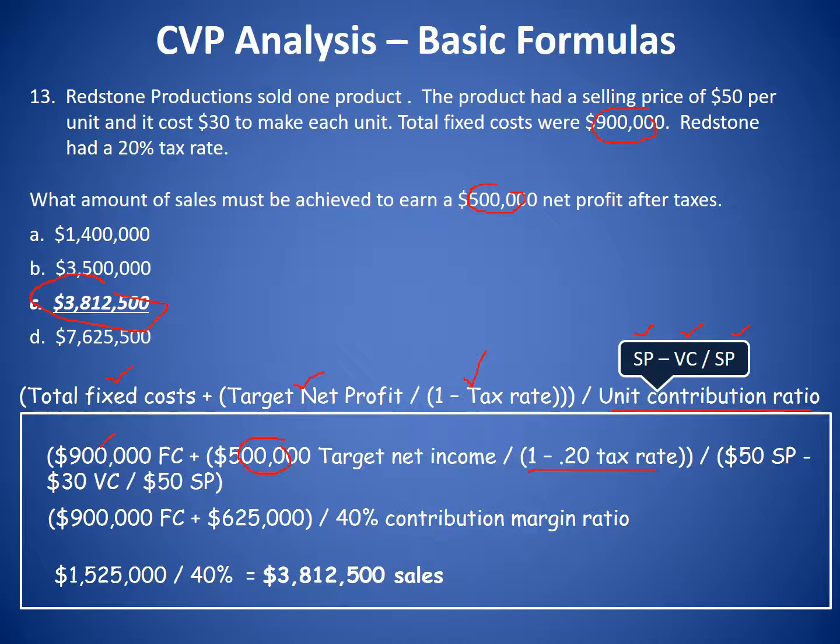So now we have the $900,000 of fixed cost plus the $625,000 target net income in order to achieve a $500,000 final net income after taxes. And we're going to divide that by our 40% contribution margin ratio. So $1,525,000 divided by our contribution margin ratio of 40% equals sales of $3,812,500, and that's the answer for number 13.